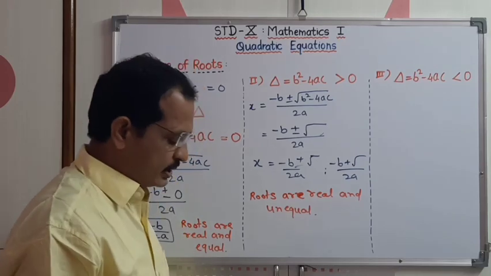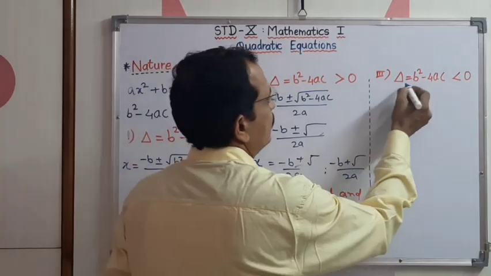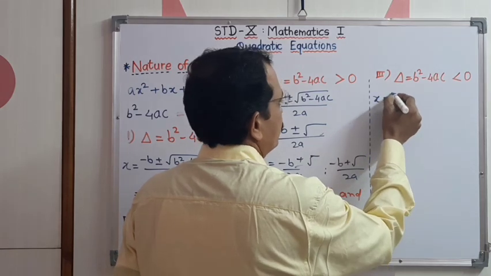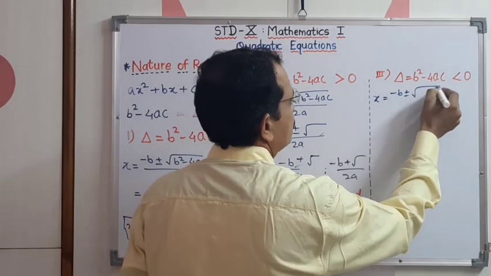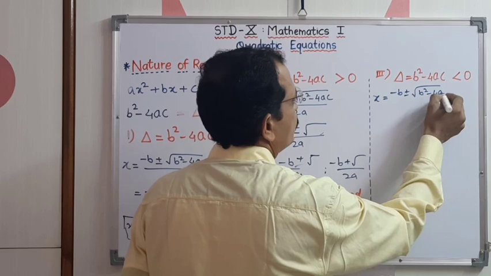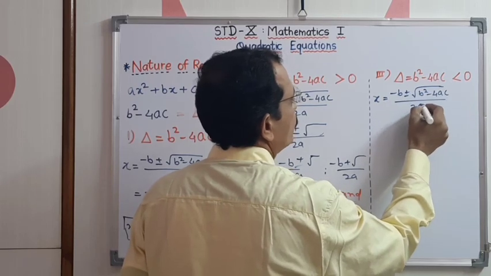In that third condition, we can say that x is equal to minus b plus minus under root b square minus 4ac upon 2a.